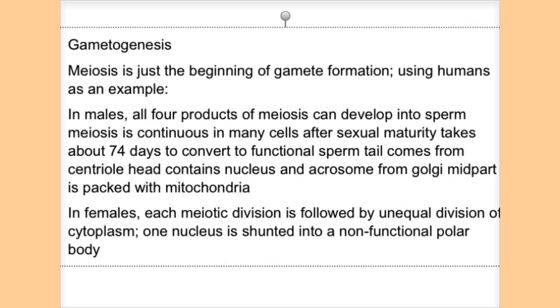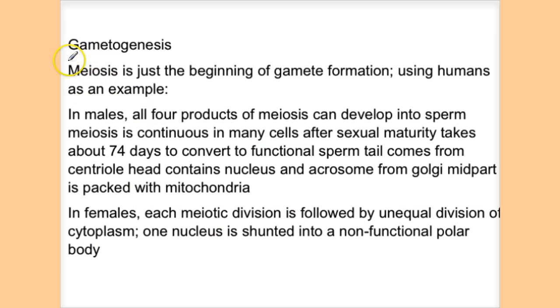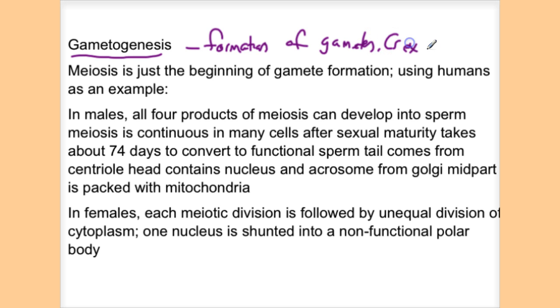Let's quickly look at a few more vocabulary words, and one of the words that I want you to know is gametogenesis. Gametogenesis is basically the formation of gametes. And gametes, if you know, they are sex cells.